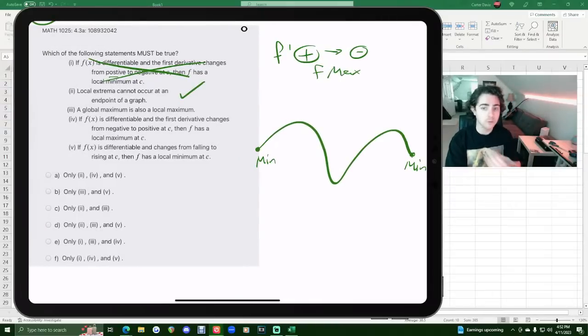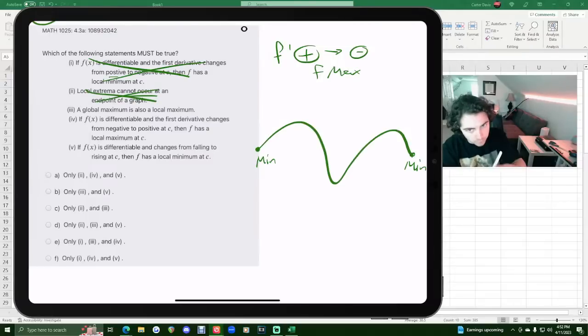And so those were local minimums on the endpoints, so local extrema can occur at endpoints. Oh wait, so I have it backwards, sorry. The wording's always confusing. So they say local extrema cannot occur at endpoints, so they would say that's false. Okay, sorry, had to talk through it.